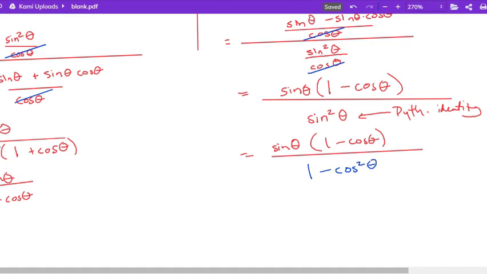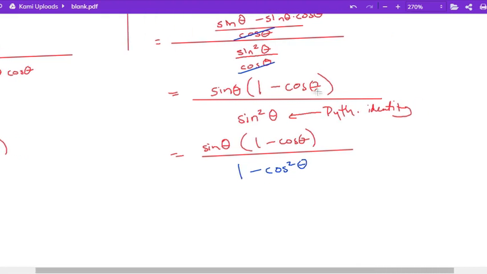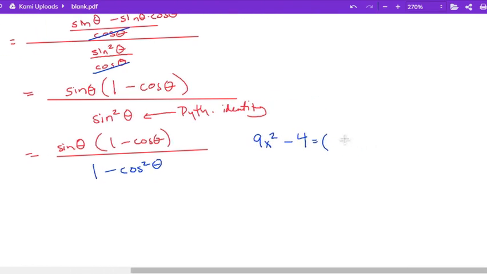Remember that fun factoring? The opposite of the FOIL rule. Let's review. If I have 9x squared minus 4, I can break that down into 3x minus 2 times 3x plus 2.